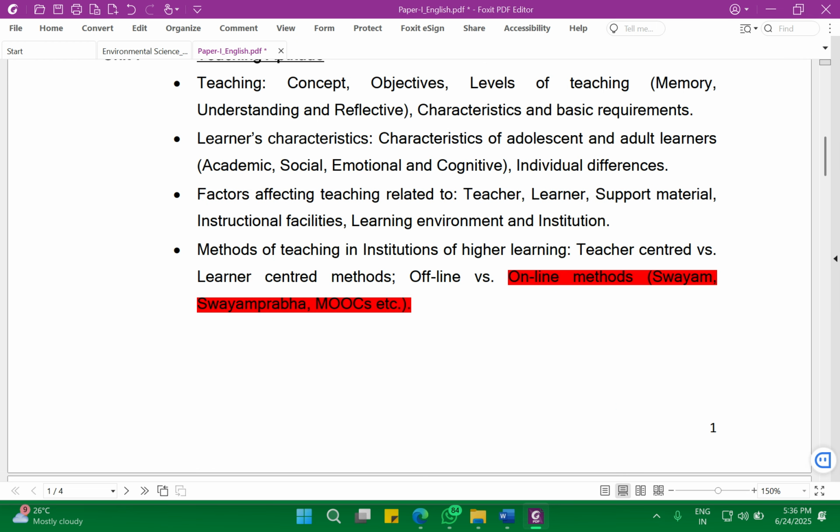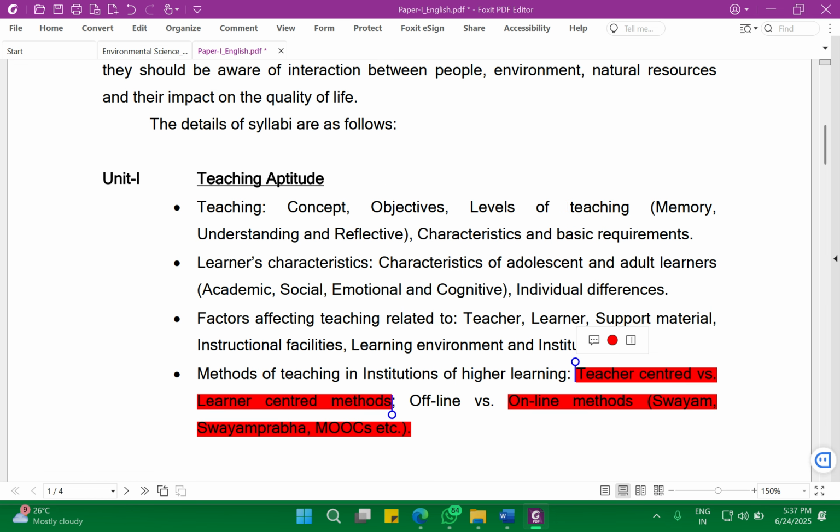So one or two questions at least we are expecting on this, and definitely one question will be based on this. They will give some situation or some examples, and they may ask whether this particular teaching method is teacher centered or learner centered. So these two topics are most important in this first unit, and in addition to that they may have some characteristics as well.